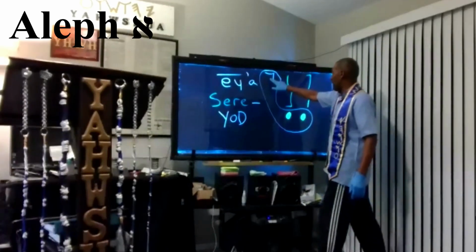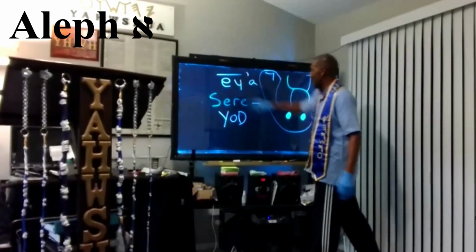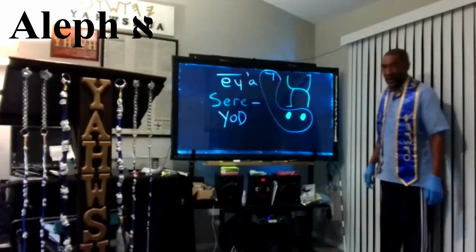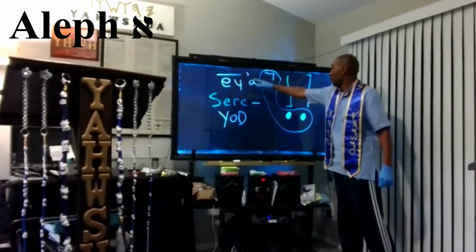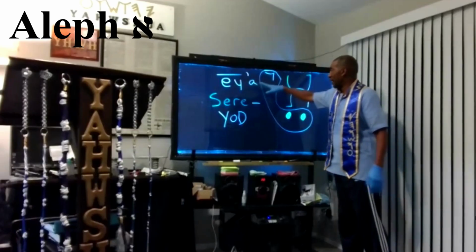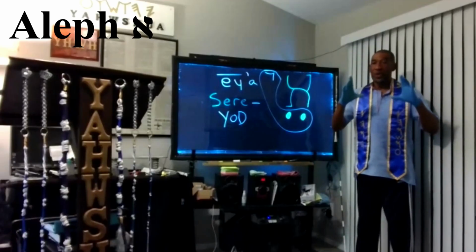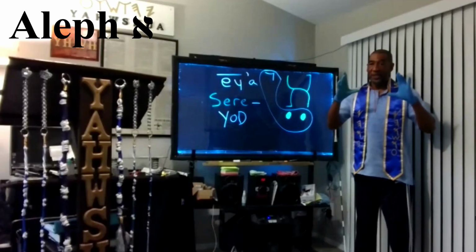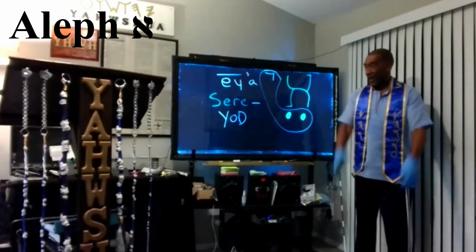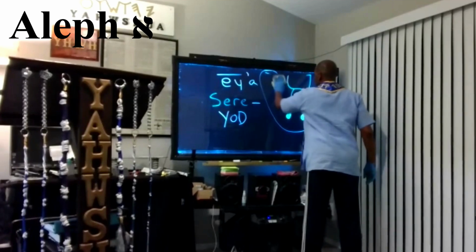But if it does not have a yod, it's just A. All right, A sound. But if it has a yod, you could either say A or ea. It all depends what the situation is, or depending on what pronunciation of what word you're saying. Okay. All right, now the next one.